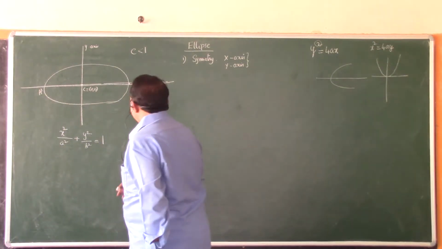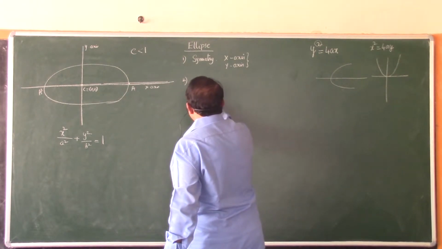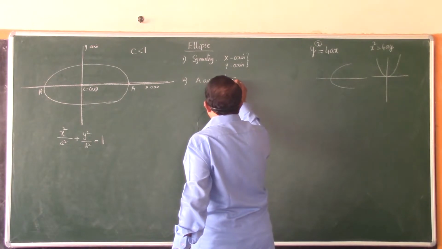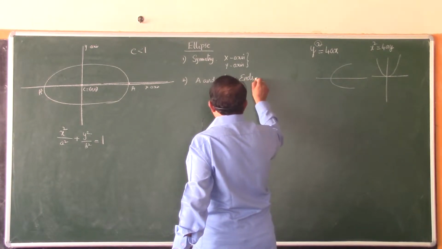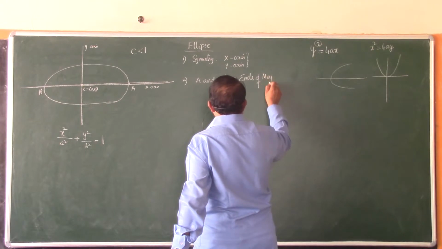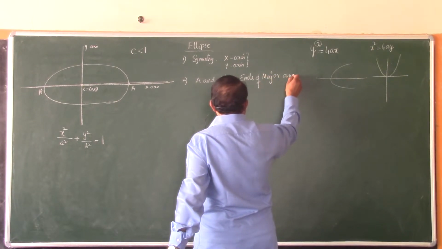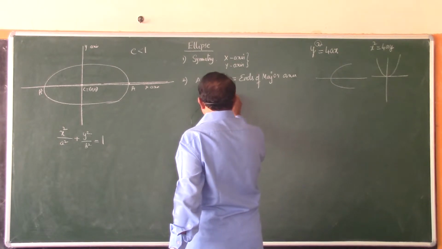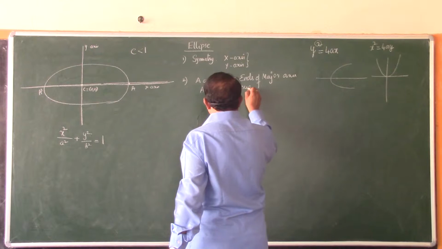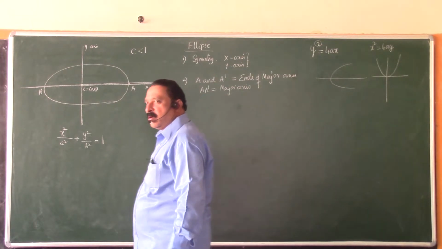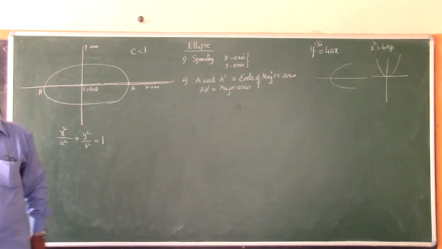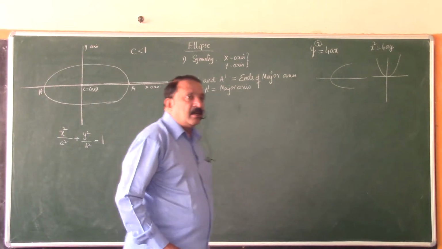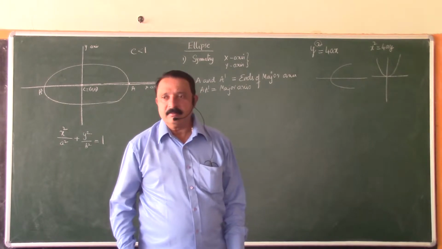A and A dash are called the ends of the major axis, and the line AA dash is called the major axis. What is the name of the axis AA dash? It is called the major axis of the ellipse.